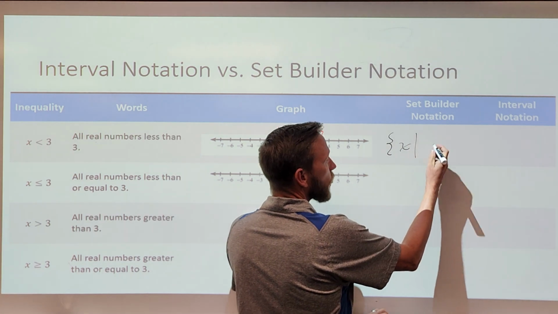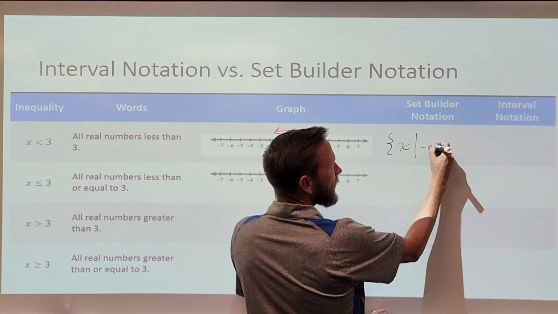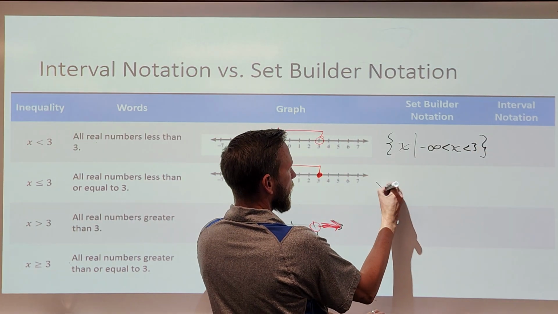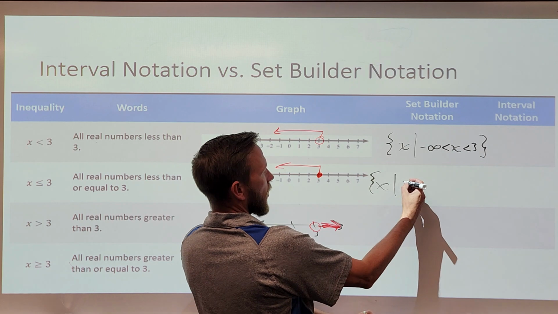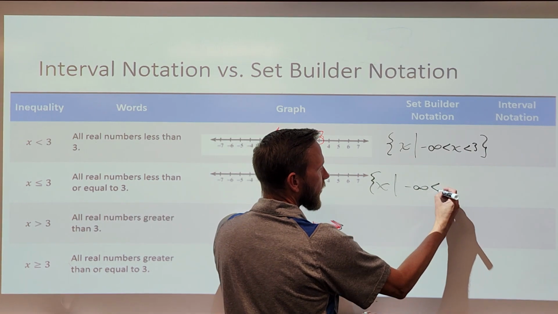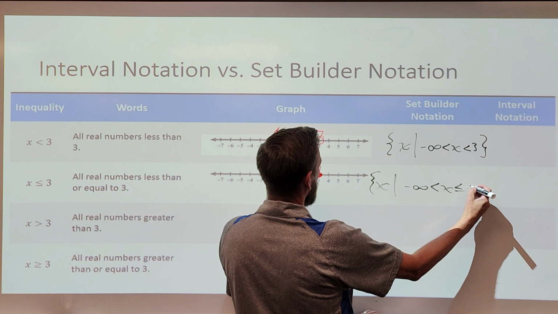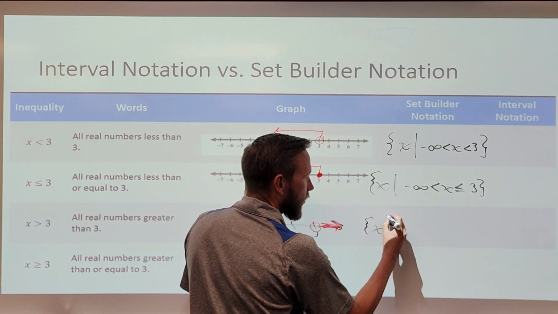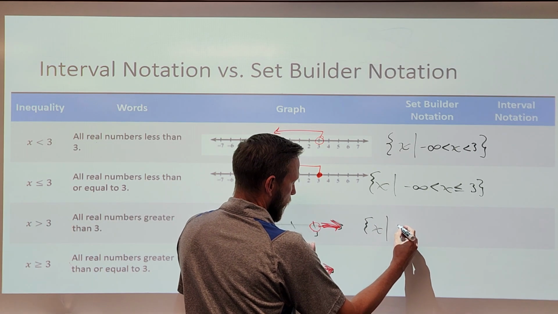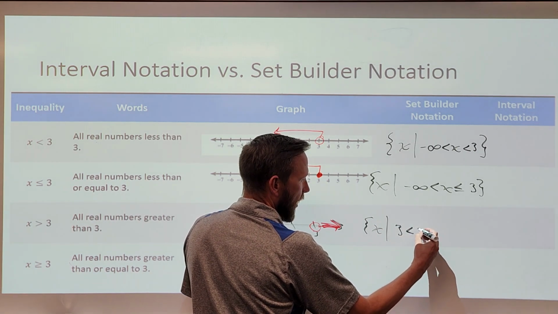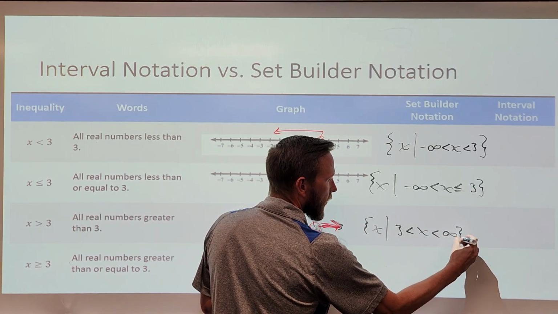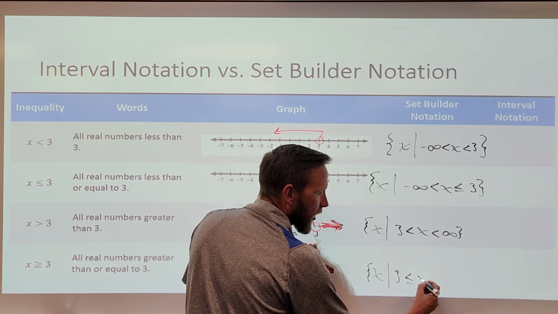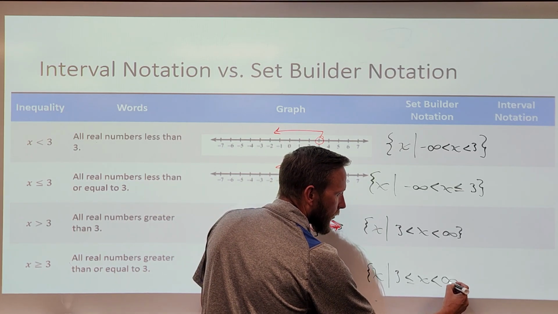about x values for which we have negative infinity less than x less than 3, where we have x such that negative infinity is less than x, which is less than or equal to 3, where we have x such that 3 is less than x, which is less than infinity, and also values of x for which 3 is less than or equal to x, which is less than positive infinity.